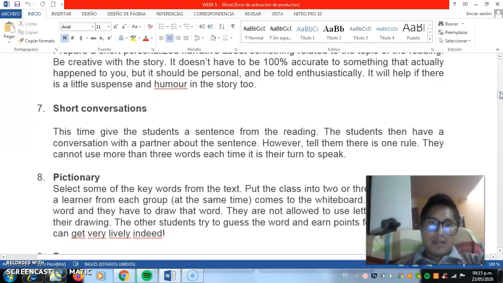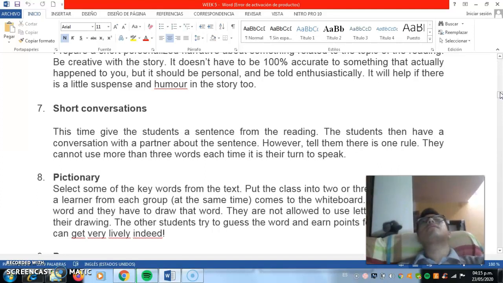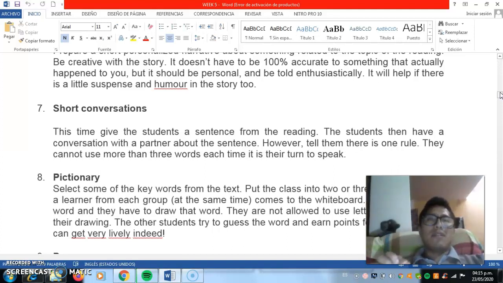Short conversations. Give the students a sentence from the reading. So the students then have a conversation with a partner. Yes, it could be a good idea. Take some parts of the text. For example, it says, "Nowadays technology provides a lot of tools, especially for learning."